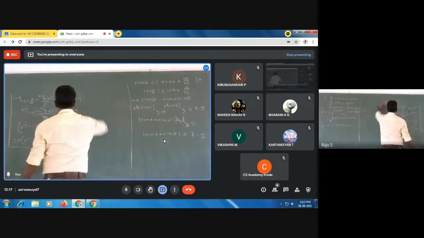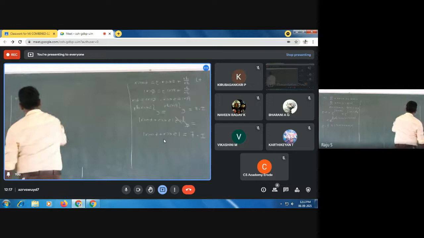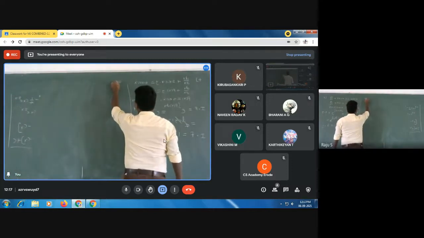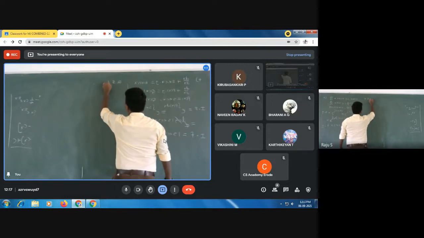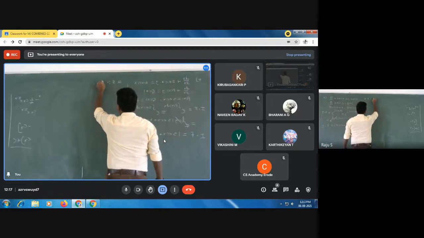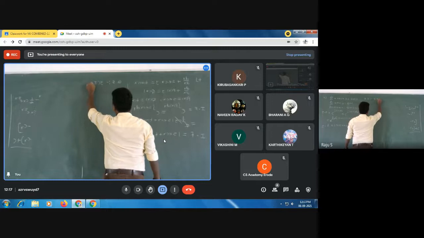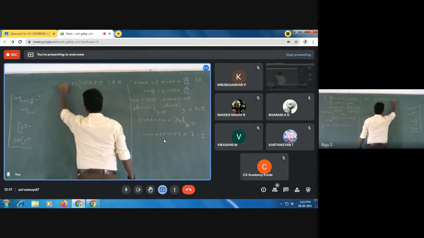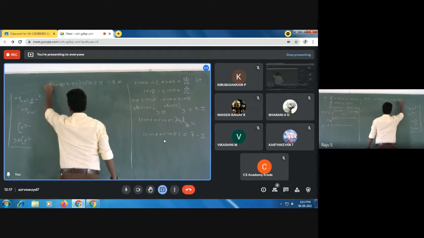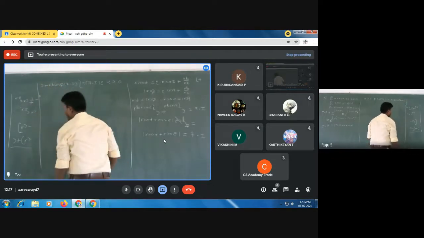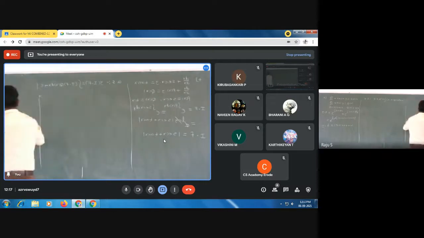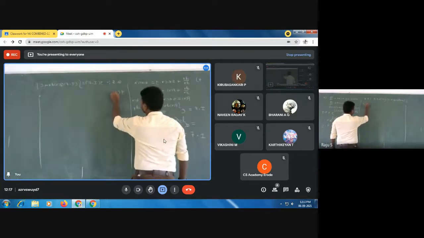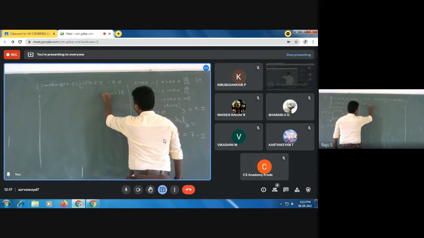What is the formula for the solution? Now linear in y, so the general solution is y into integrating factor is equal to integral of integrating factor into q of x dx plus c. I substitute the integrating factor, secant x plus tan x.